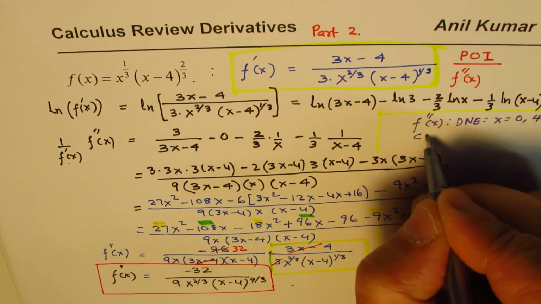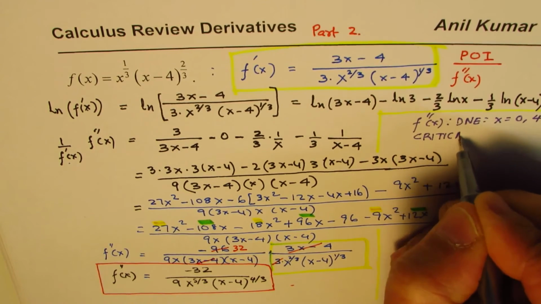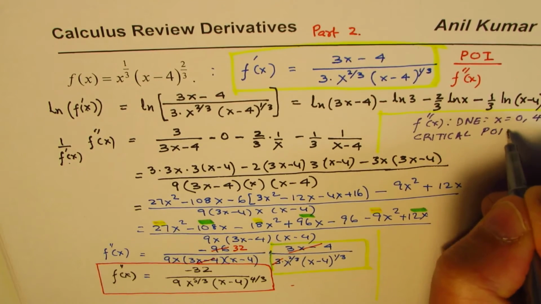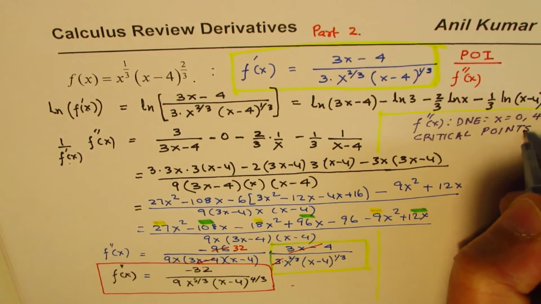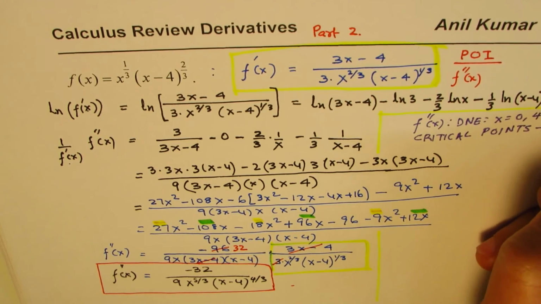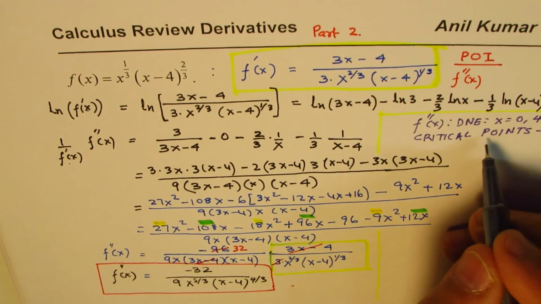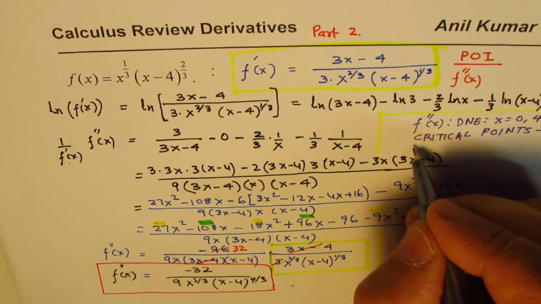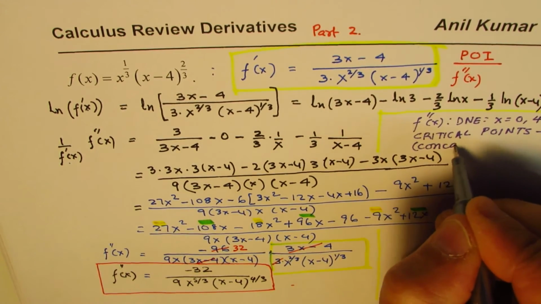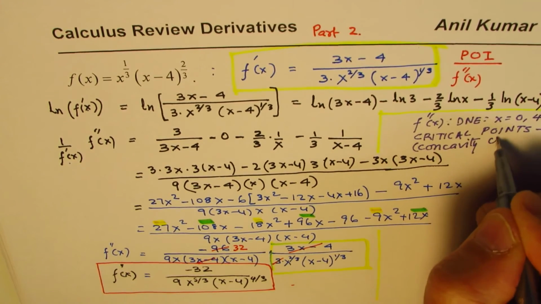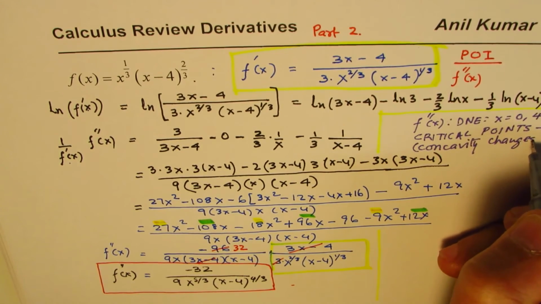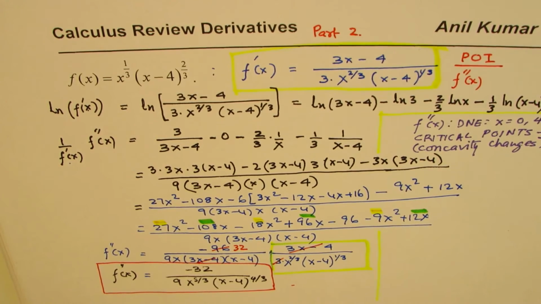So these are critical points to analyze for point of inflection. That's the whole idea. Is that okay? Point of inflection is a point where the concavity changes, right? So that's just a reminder. I know you all know about it. So that's what we're trying to analyze.